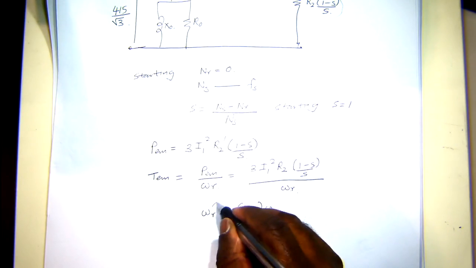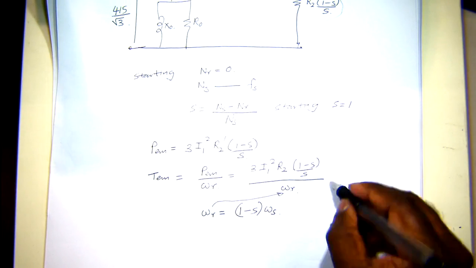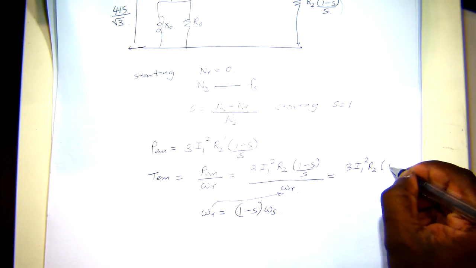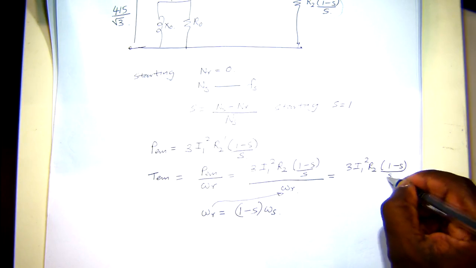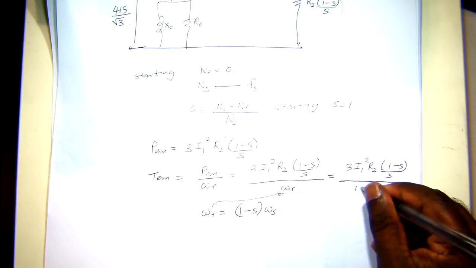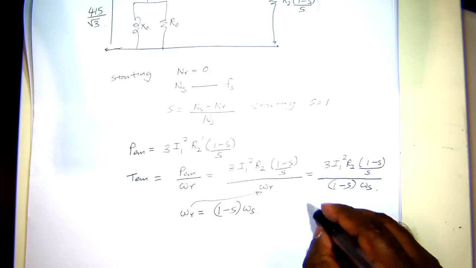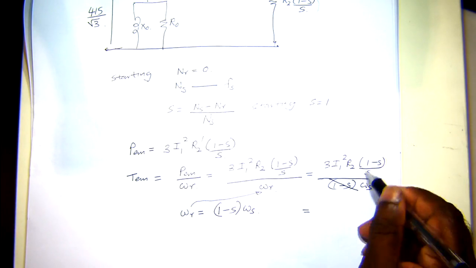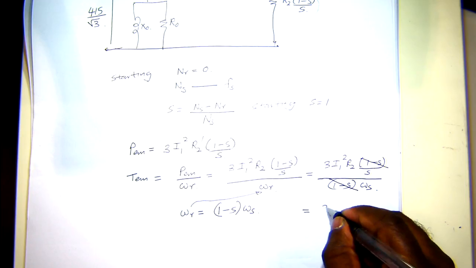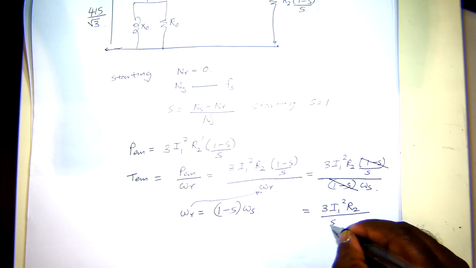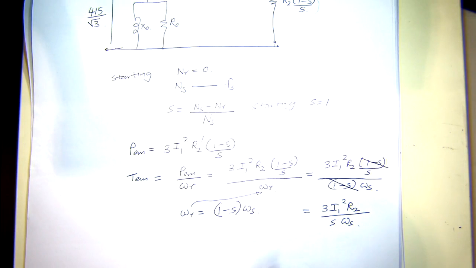But then if you substitute this here, we find 3 times I1 squared R2 prime (1 minus S) over S divided by (1 minus S) times the synchronous speed. So then the torque, this cancels out. So you can write the torque expression simply with this expression.